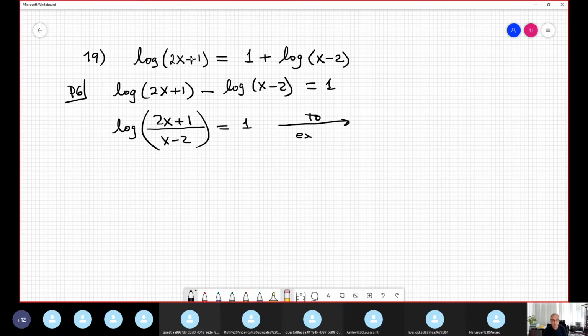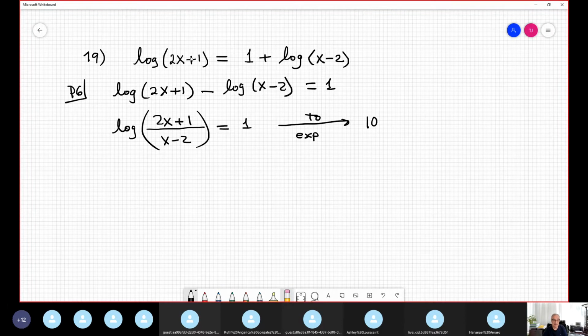Now conversion to exponential. It's the same. When you manipulate the equation in order to group the logarithms together on the left or the right, you apply the property 5, 6, or 7, and after we convert to exponential. Remember, the base is 10.